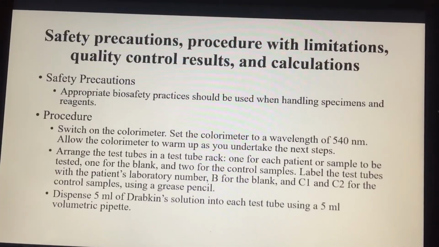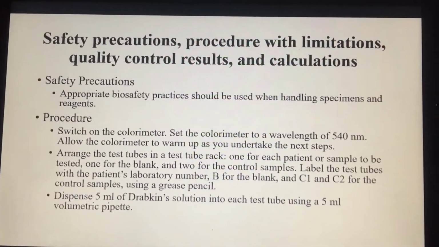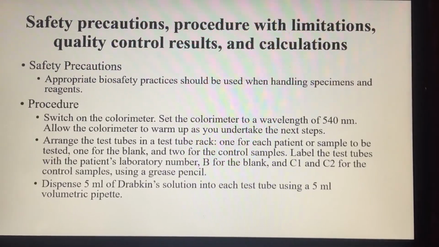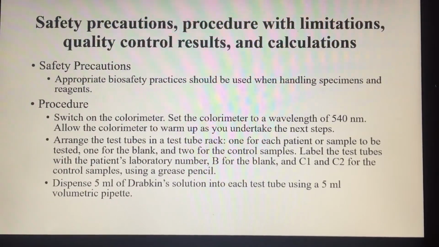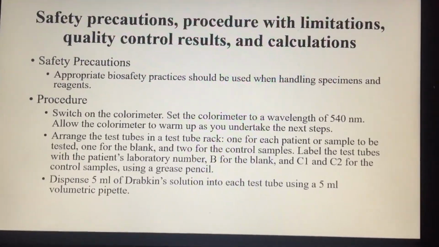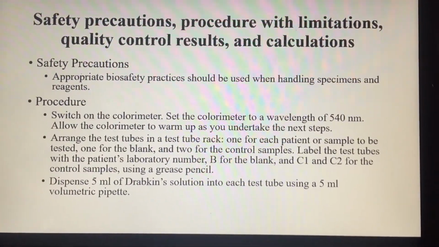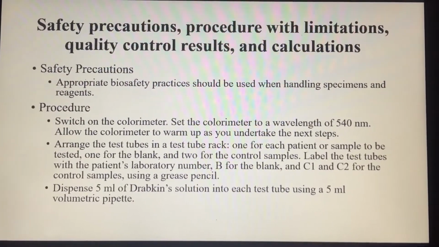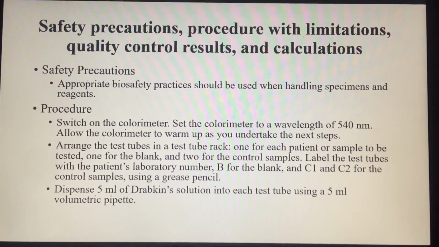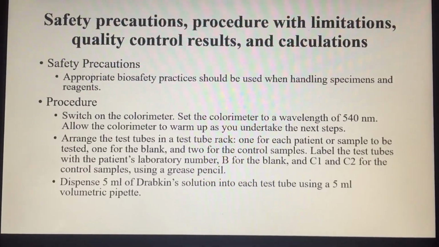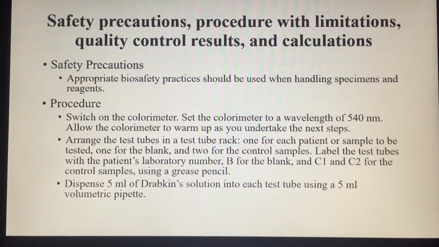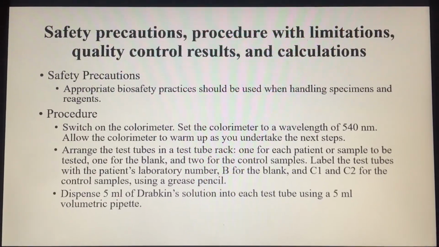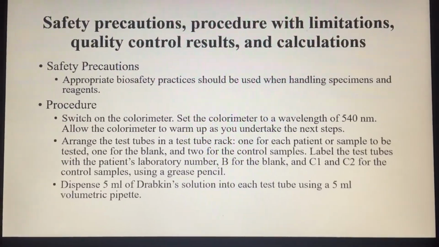Also the procedure of doing the hemoglobin cyanide method, the quality control of the result, and lastly calculation. By the end of this method, we are supposed to do the calculation in order to know the exact amount of hemoglobin concentration.